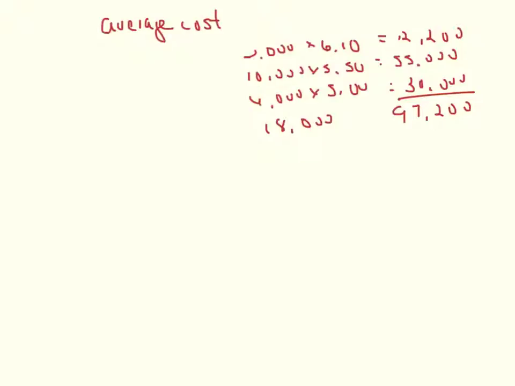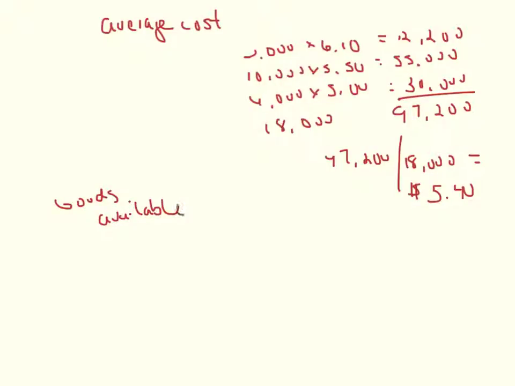So taking the 97,200 divided by the 18,000 should give you $5.40 per unit. So now when you're trying to figure out your cost of goods sold, you had your goods available for sale, we've been seeing for the 97,200.